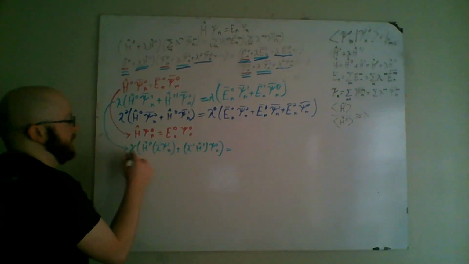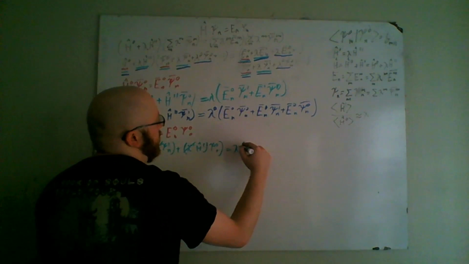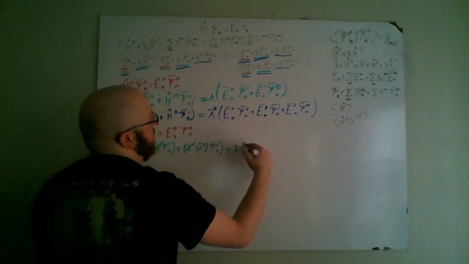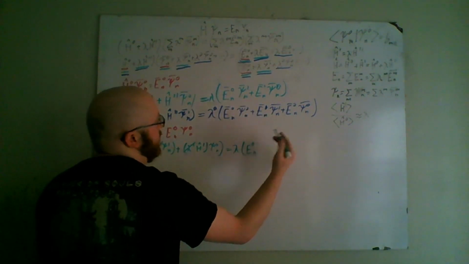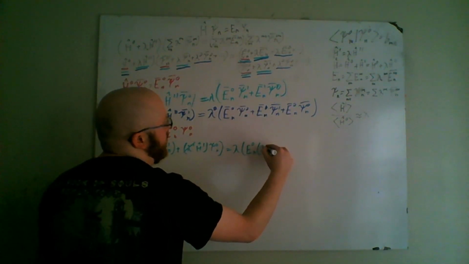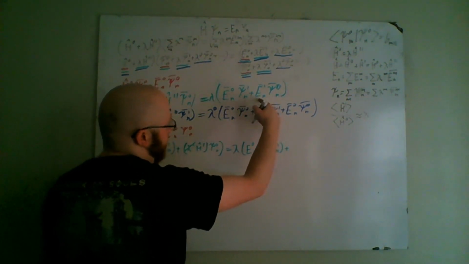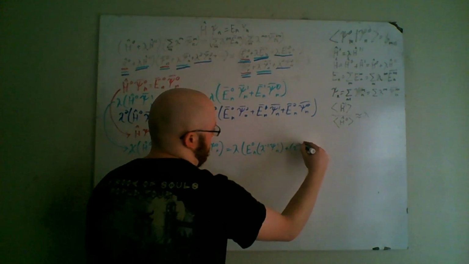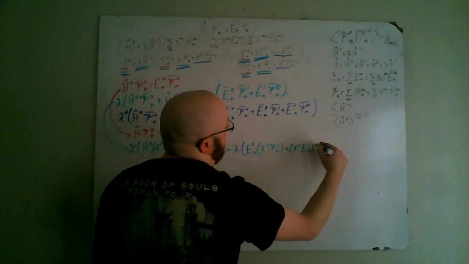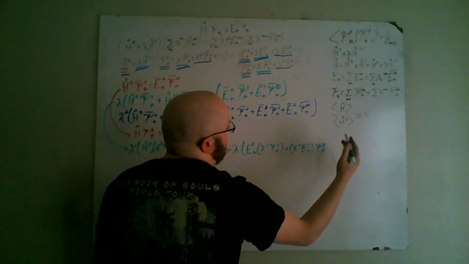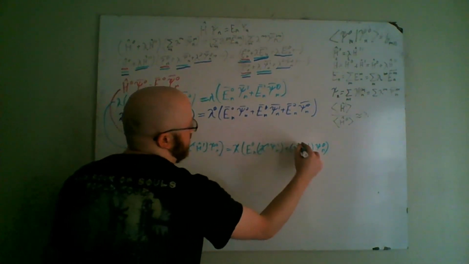As you can see, this lambda cancels out with these lambdas, and the same thing's going to happen over here. This one doesn't have the lambda to the -1 because it's the 0 term. This one does, so it has a lambda to the -1, psi 1n. Now this E has the lambda, and this psi 0 has no lambda because it's 0. That's the convention here, and again, all these lambdas cancel out.